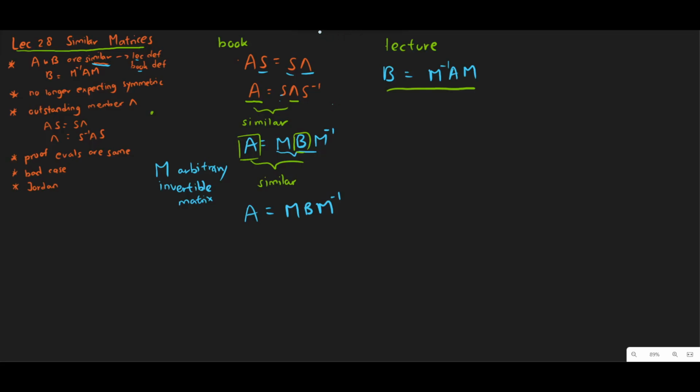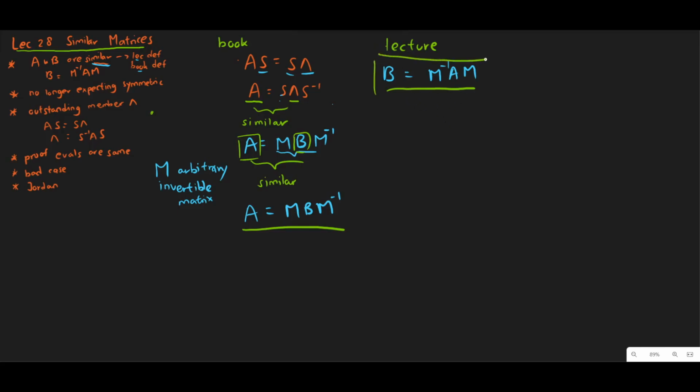The location of the M inverse is different, but they tell you the same thing. They're both correct. It is just another way of saying that B is similar to A, or A is similar to B, which are interchangeable. So the definition of A and B being similar is either this or this, and let's stick with the one in the lecture first.